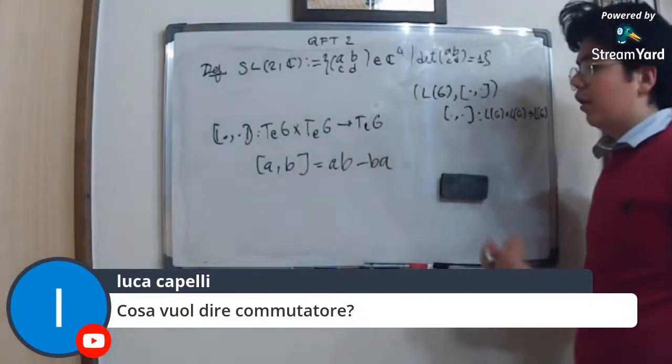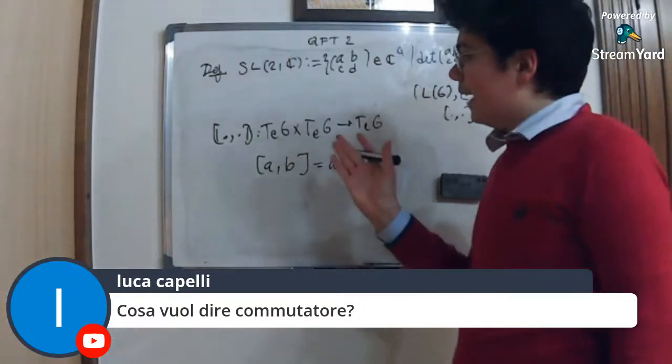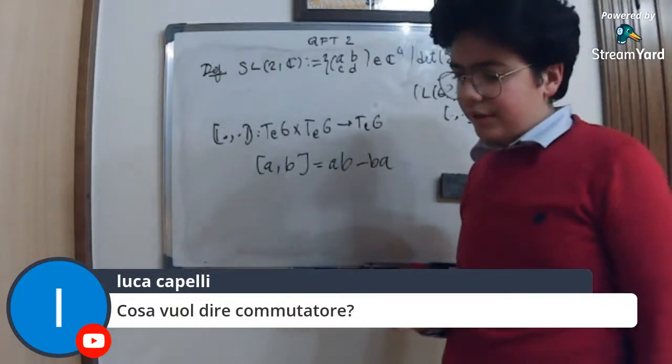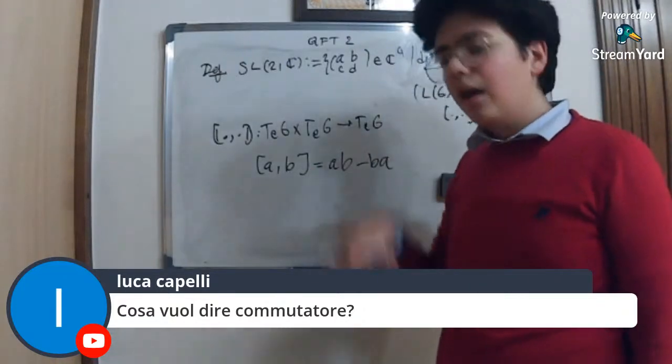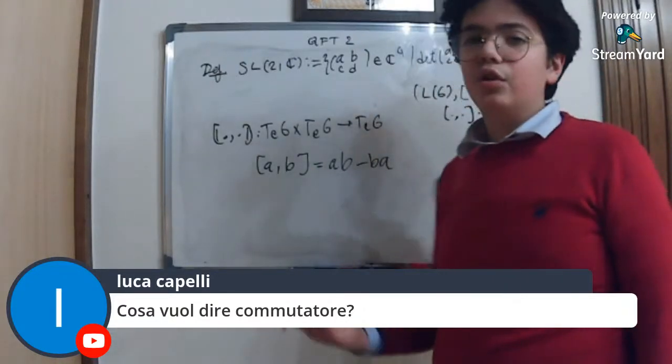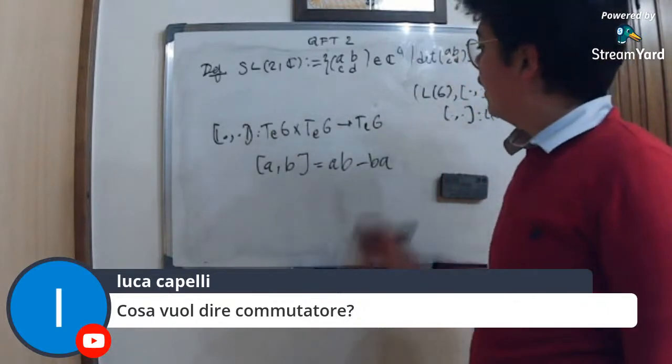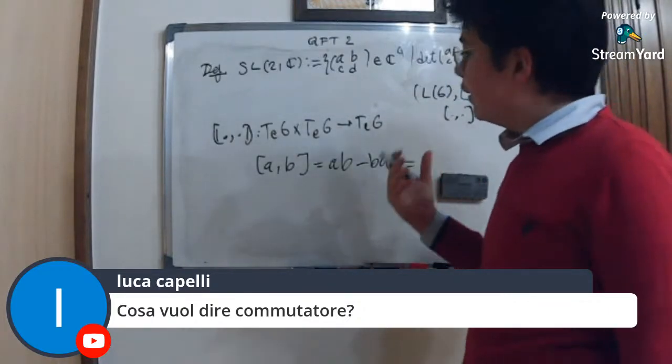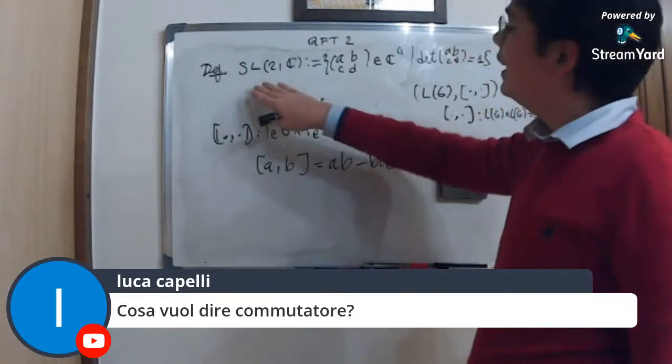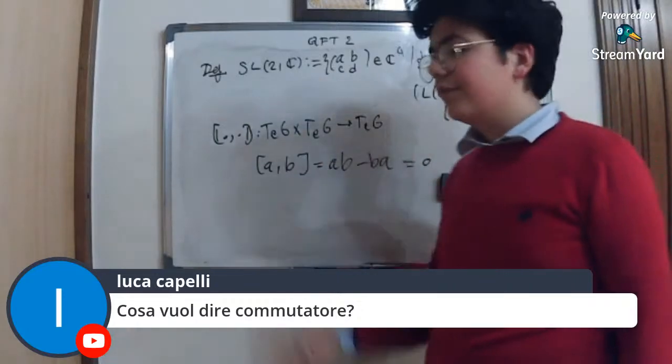Of course, in this case we can take an abelian group, and so I have that it is equal to 0. If I have an abelian group, I have a commutative algebra.